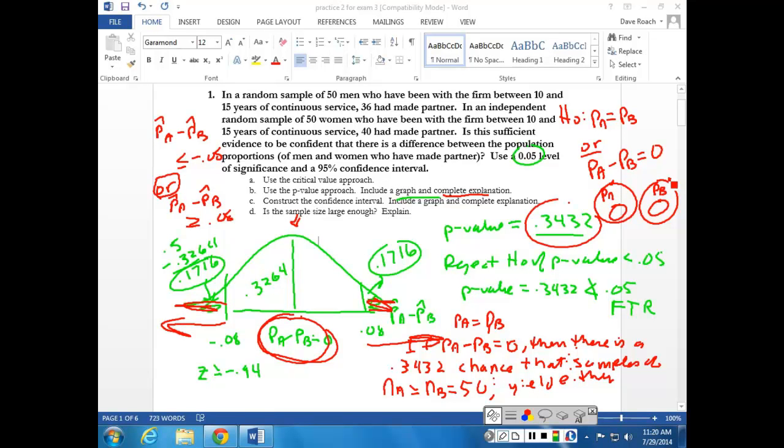But then we go get samples and we get p hats from each one of them. In this particular case, they differ by 0.08. The chance of that happening, if there isn't a difference, in either direction, differing by that much, is 0.3432, the p-value. But keep in mind, all of our hypotheses are about the larger population.